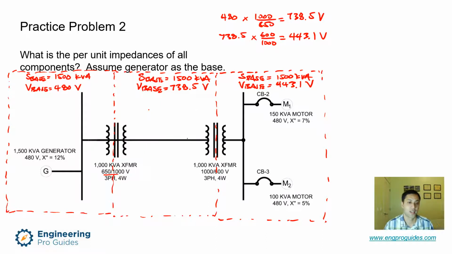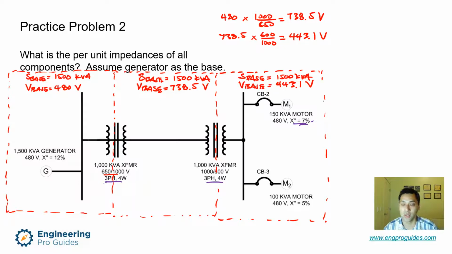Okay. So we weren't given one for these transformers just to make it a little bit easier. And so we're only going to be given the per unit impedance here for these motors. So it's 7%.